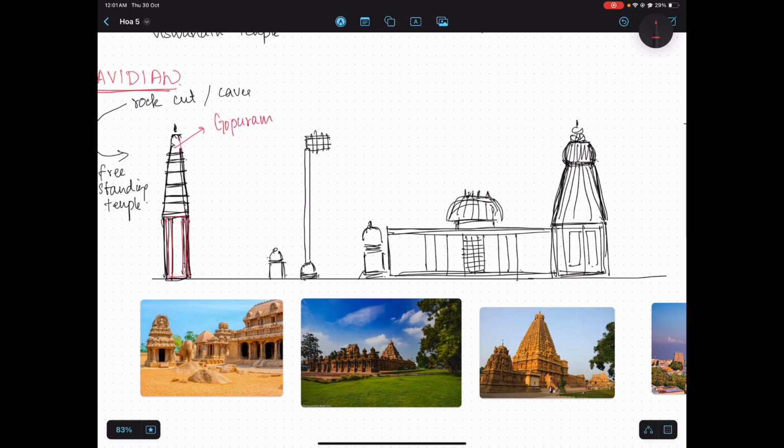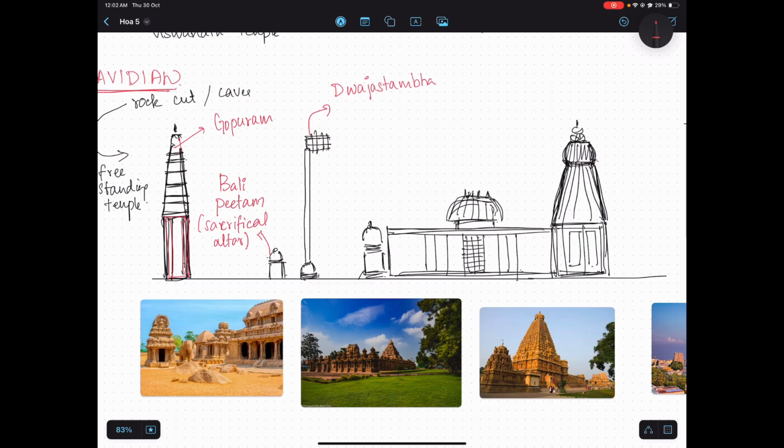So you enter, and initially you have the sacrificial altar, which is called Bali Pitam. Then you have your Dvajastamba, which is basically nothing but a pillar.